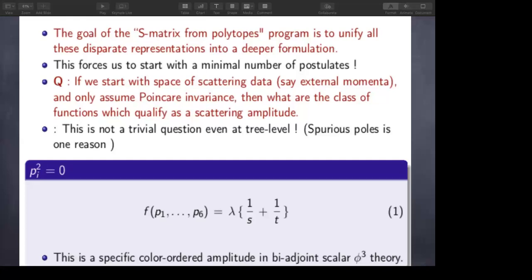And another, a little bit dumb example is, if I just give you a function, given by this equation 1, which has just poles in the S and the T channel, obviously you may think that this is not a tree-level amplitude for any theory, but it turns out that this is actually what is called a color-ordered amplitude in a specific scalar field theory, which is called the bi-adjoint scalar field theory. So just to even deduce what functions qualify as S-matrices is quite a non-trivial question in general.